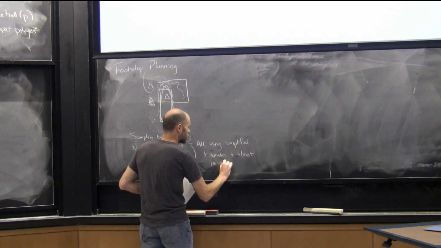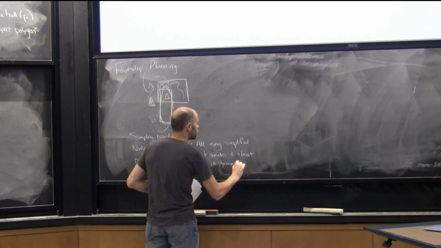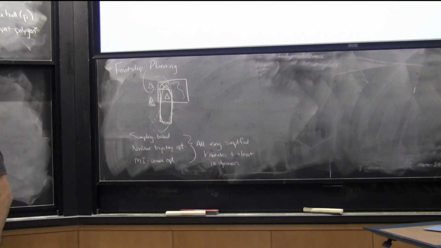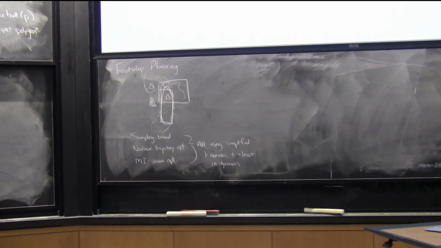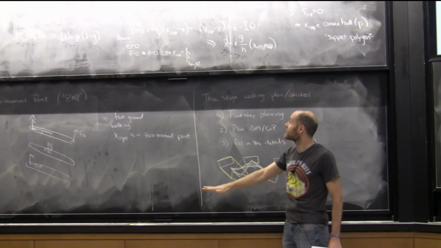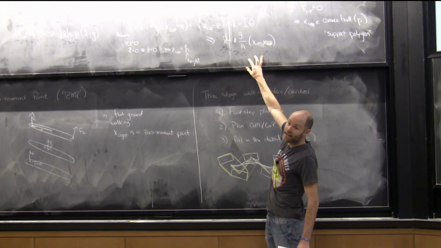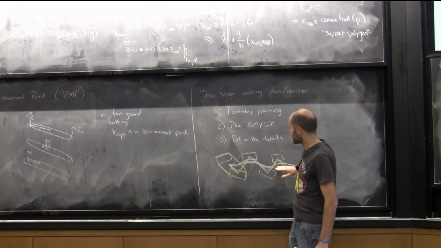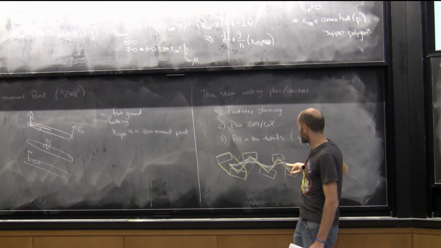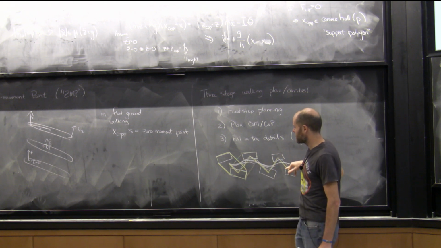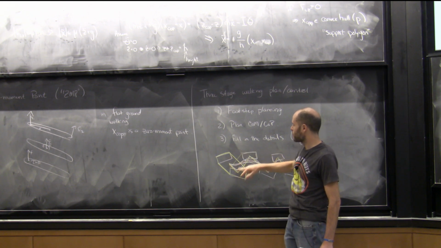Now, what we got to by the end, though, was that if you're willing to keep your center of mass at a constant height, then you could start putting in this objective of trying to optimize your center of mass and center of pressure location jointly with the foot locations.